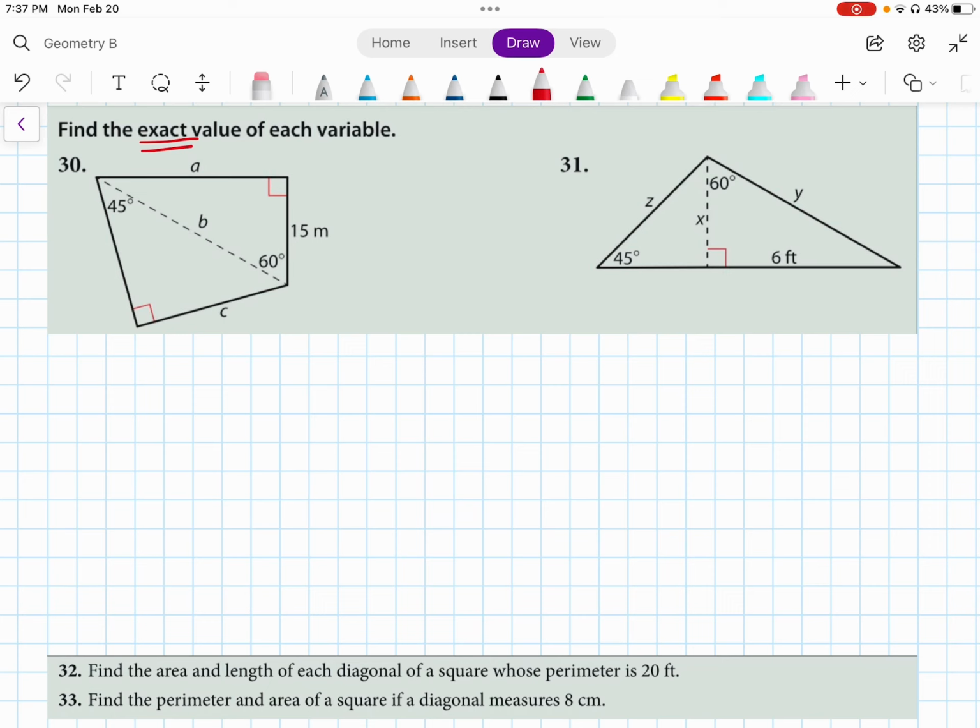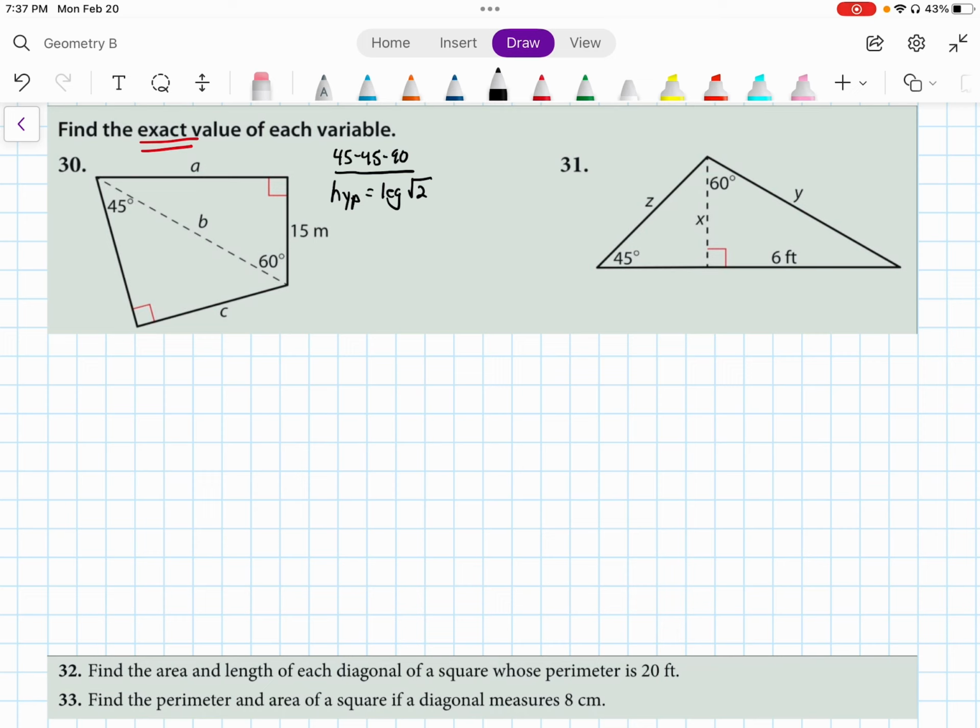So for a 45, 45, 90, we learned that the hypotenuse equals the leg times the square root of 2.